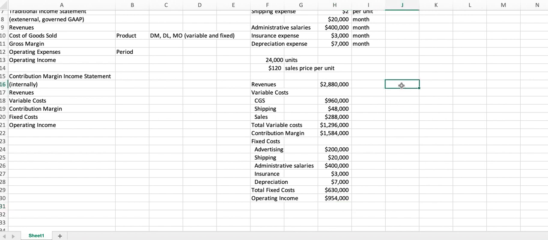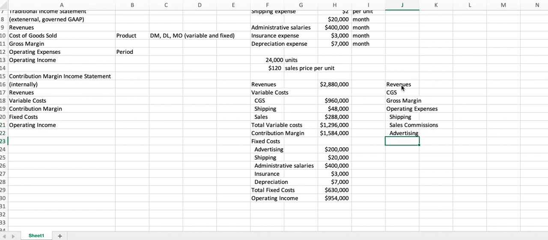So that's a contribution margin. Now, just to compare, if you had a traditional, I would have my cost of goods sold and my gross margin, then I would have my operating expenses. And I would have each one of those listed out. I've got my shipping, my sales commissions.